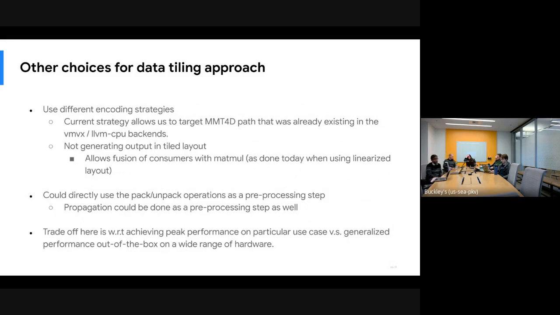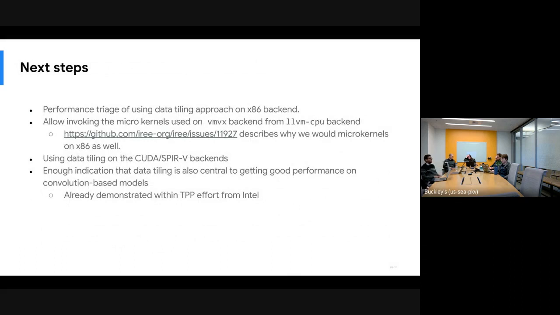And the understanding was that the data layout that we're using for the ARM path is a reasonable data layout on a wide range of hardware, including x86. So we need to actually work out the profiles and make sure that that's the case and see the trade-offs. That's part of the work that we're going to do next.